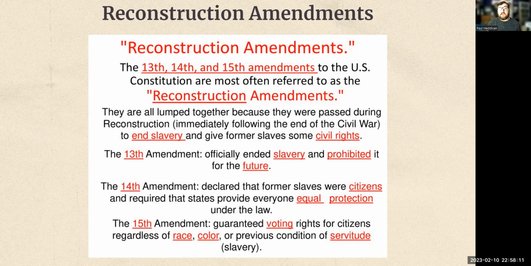And they are the 13th, 14th, and 15th Amendments, and they're labeled the Reconstruction Amendments because of the time period that they were passed in, but also because of what they're actually trying to do. It's all concerned with ending slavery and civil rights, right? So this is our first, you could say, movement towards civil rights for former slaves, for African Americans at this time.